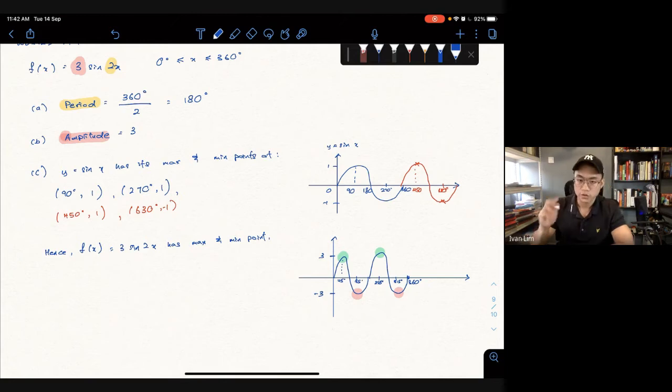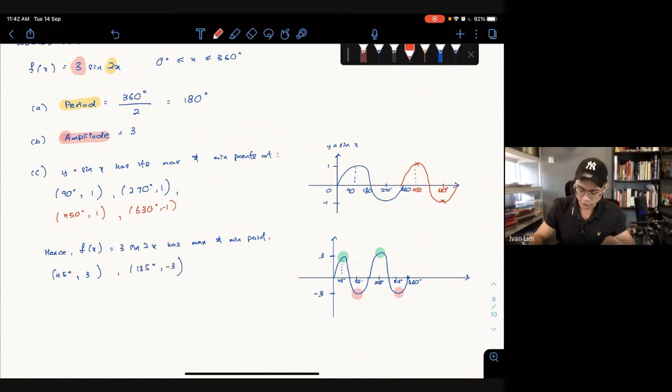On this sketching of graph, we haven't introduced the shifting of the graph yet, the vertical translation of the graph. So this one we only focus on the A and the B value, how it affects the graph. So write down 45 degrees, 3, 135 degrees, -3.